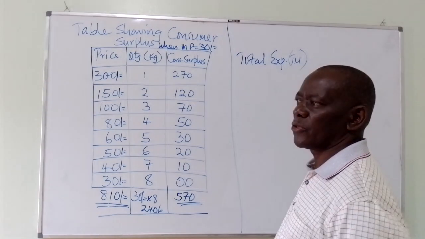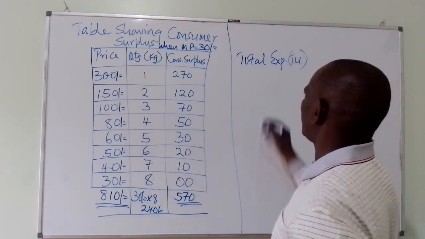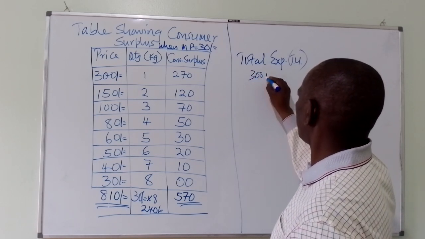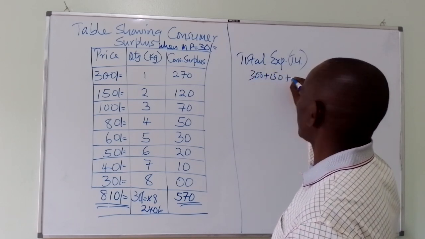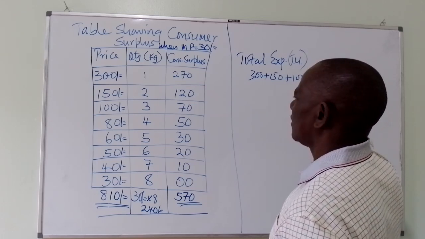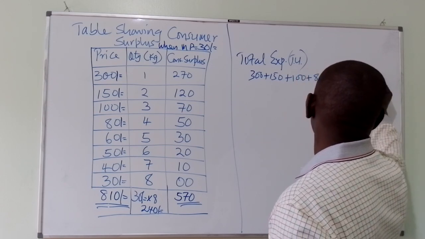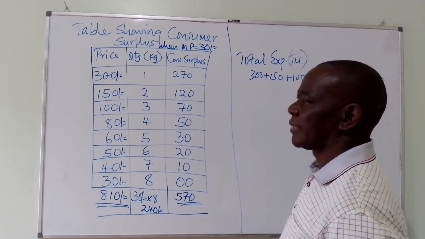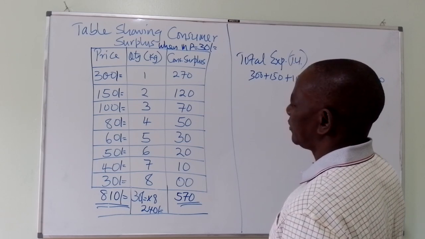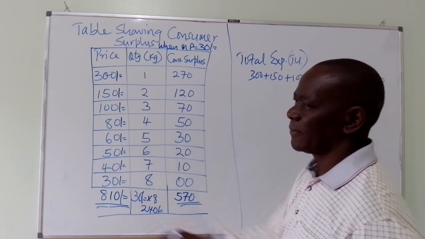The total utility a consumer is going to get. And the total utility is what we have done here. It is 300 plus 150 plus 100 plus 80 plus 60 plus 50 plus 40 plus 30. That gives you the 810, which you have put in the table here.